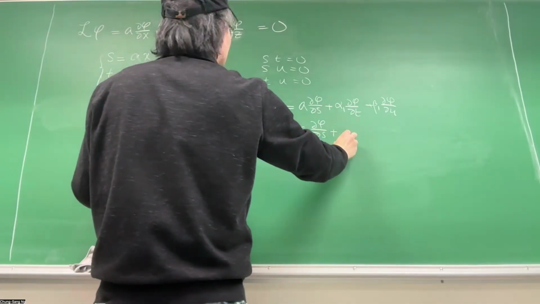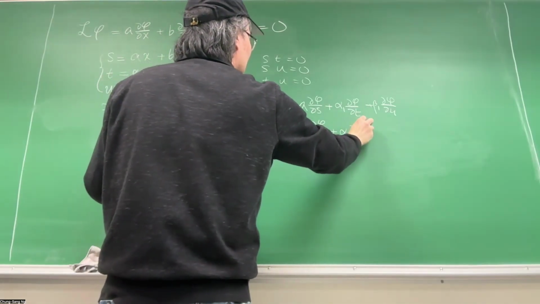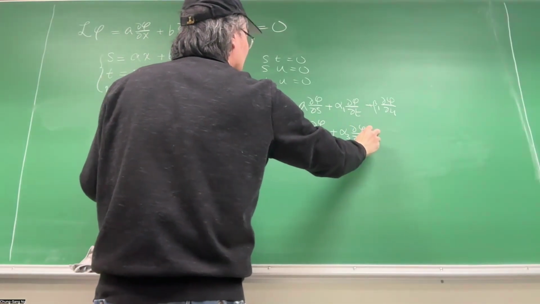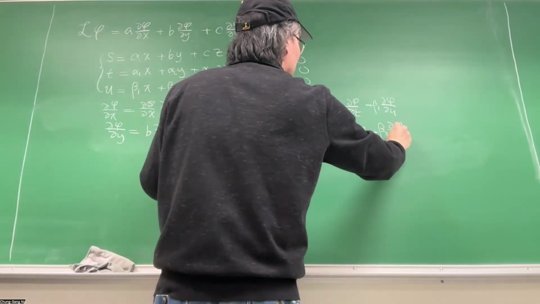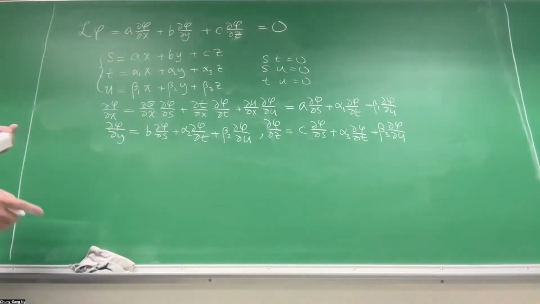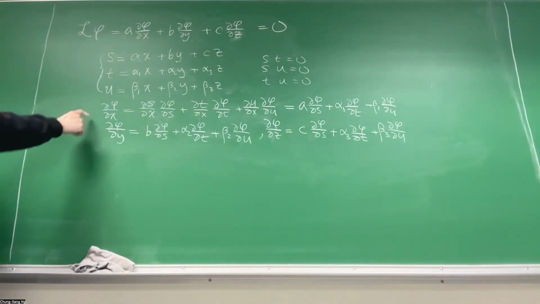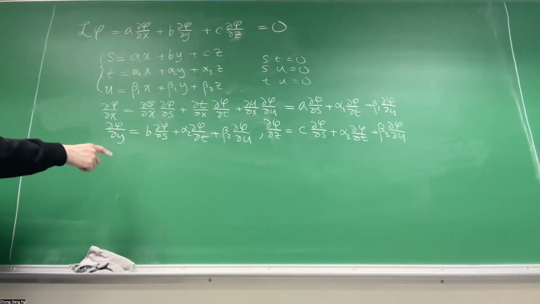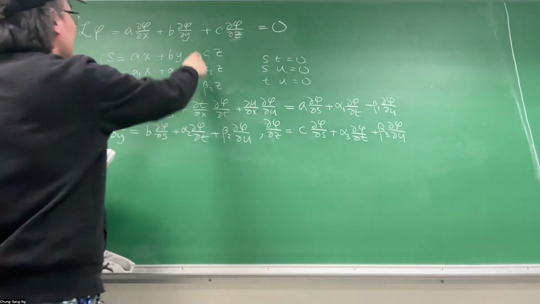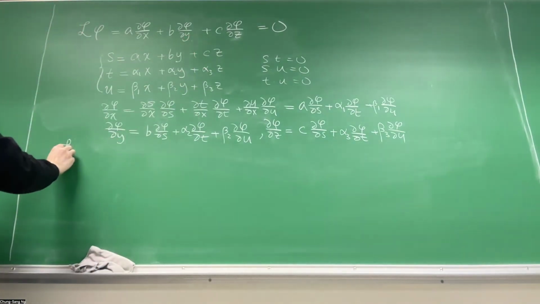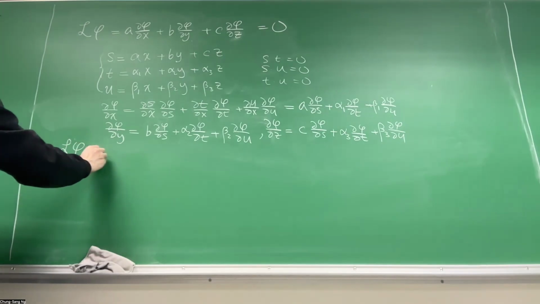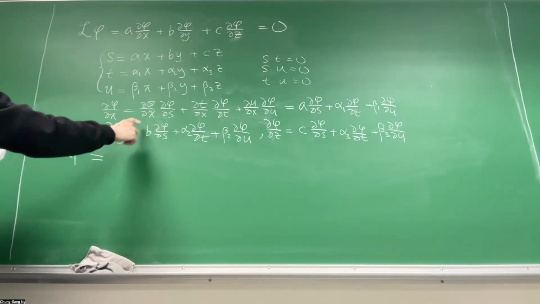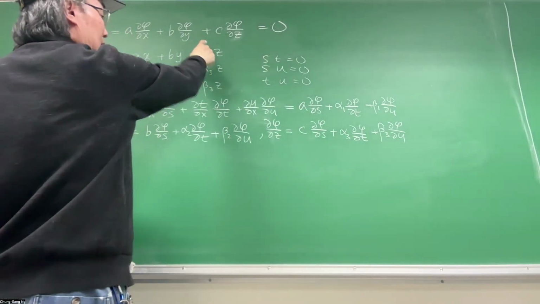C partial phi partial s plus alpha 3 partial phi partial t plus beta 3 partial phi partial u. Right, so that's straightforward, right? That's the same way to do it. Now the idea is to substitute all these into here. So L on phi, let's put everything in here.